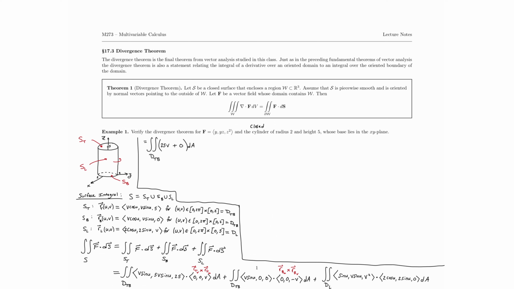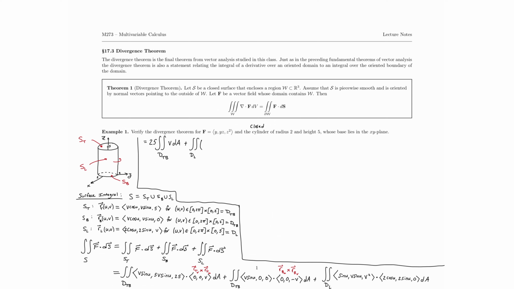That's really nice. So this will be 25v dA, plus the double integral over D_L. We'll do the dot product here.